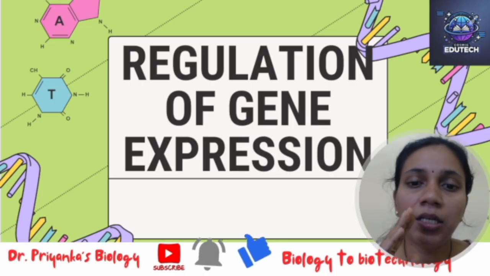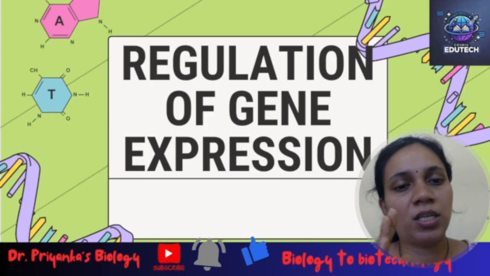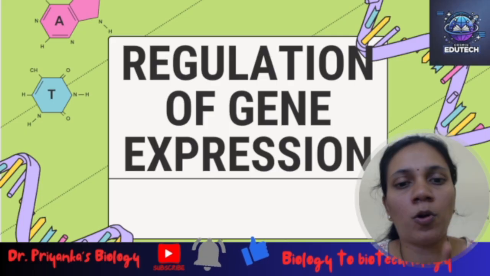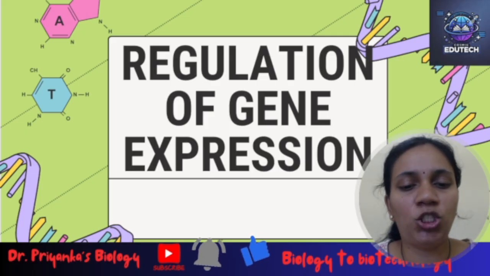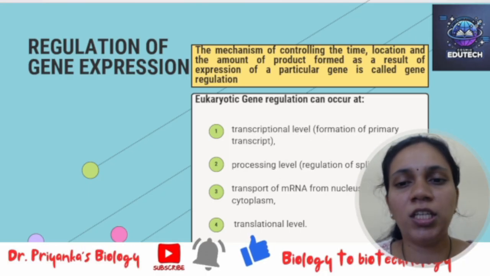In the same way, genes are turned on and turned off only when required, at a specific time. This entire process is called gene expression. Now let us see the formal definition of gene expression.